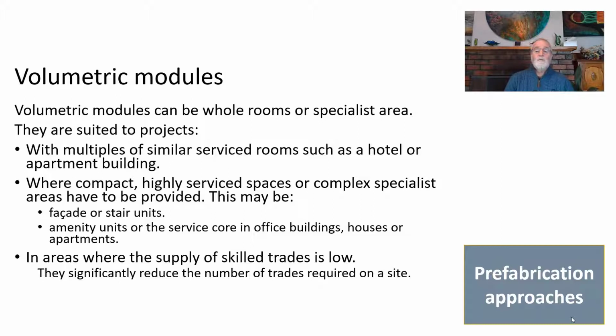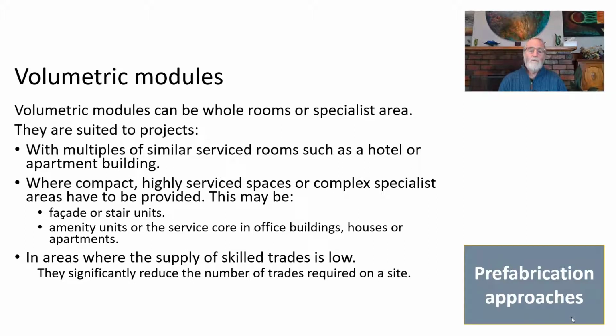So volumetric modules can be whole rooms or specialist areas, and they're suited to projects that have multiples of similar service rooms, such as hotels or apartment buildings, where compact and highly serviced spaces or complex specialist areas have to be provided. This may be facades or stair units, or where we've got amenity units or service cores in office buildings, houses or apartments.